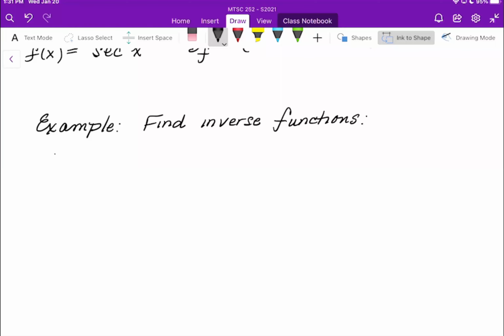Find the inverse functions, and then find the inverse functions, their domain and the range. How about that?